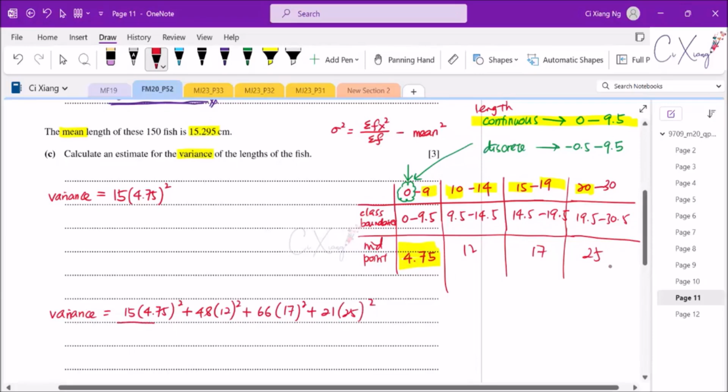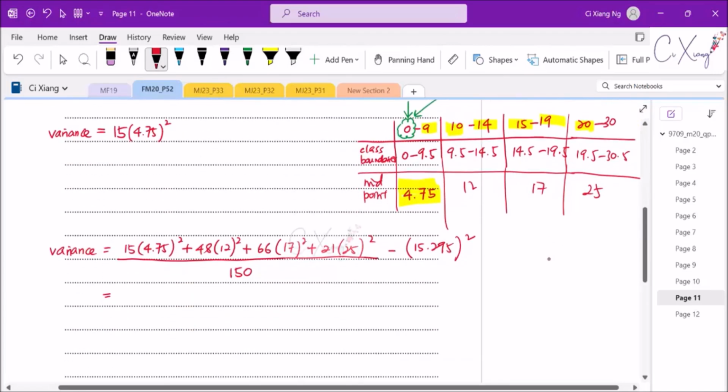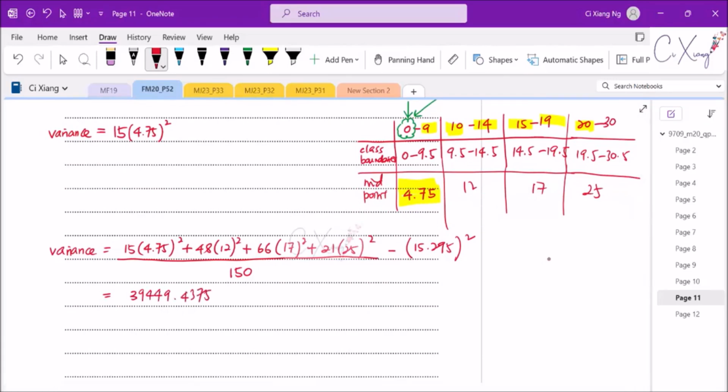So what is the total for the frequency? The total of the frequency will be 150, then minus the mean. The mean is given already in the question just now, which is 15.295, and then you square it. By simplifying this, you should have 39449.4375 divided by 150 minus the mean squared.